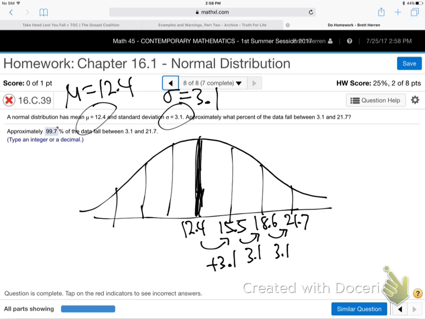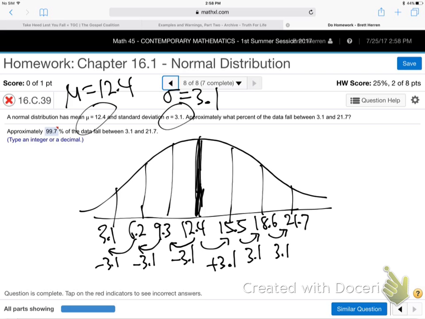I'm racing ahead of you, so I'll give you just a second to get caught up. Subtract 3.1, so it can be 9.3. Yeah, and then subtract 3.1, going to be 6.2, and then subtract 3.1, going to be 3.1. Good.